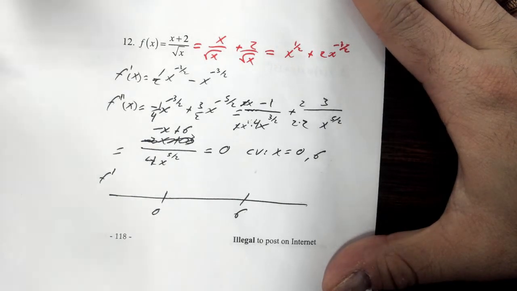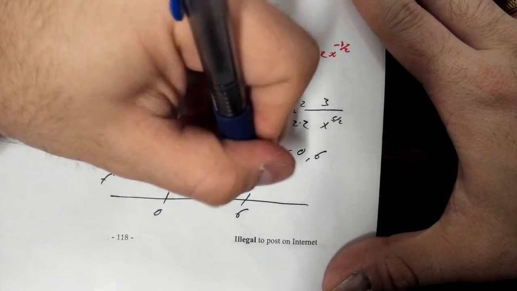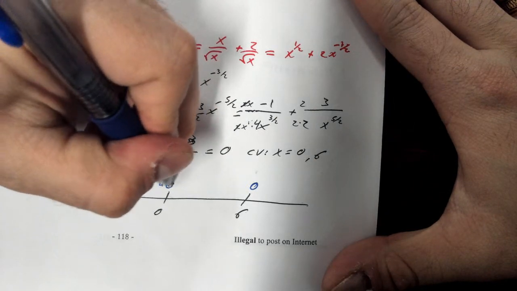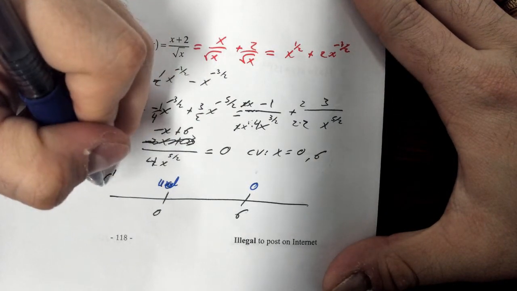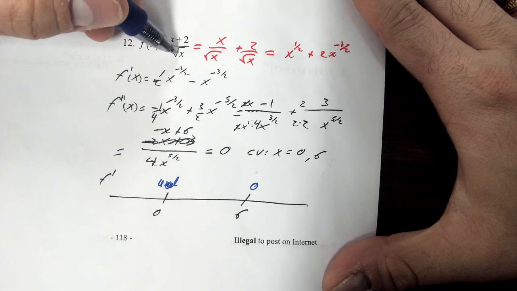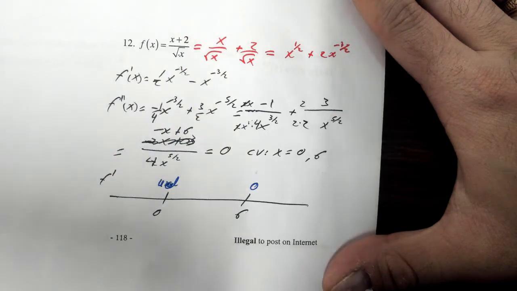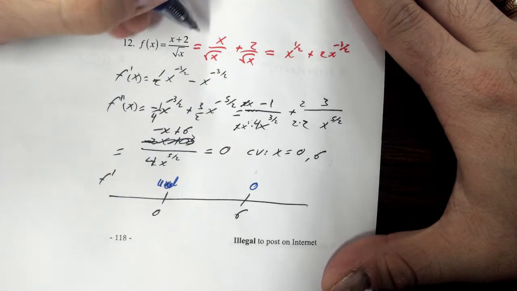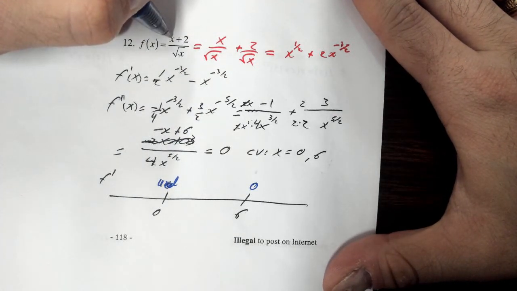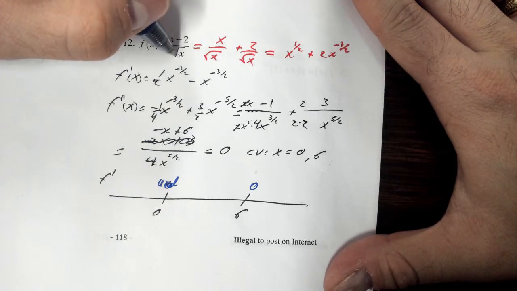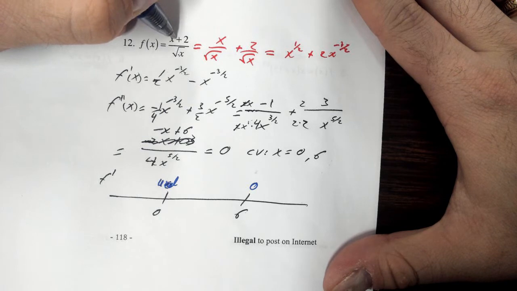Now, we know f prime is 0 at 0 and, no, f prime at 0 is actually undefined. And to the left of 0, I can't put anything negative in because then that's just not going to work. Between 0 and 6, if I plugged in 1, that would be positive.